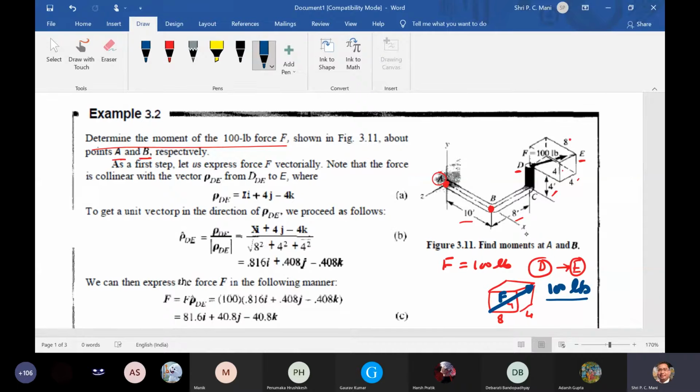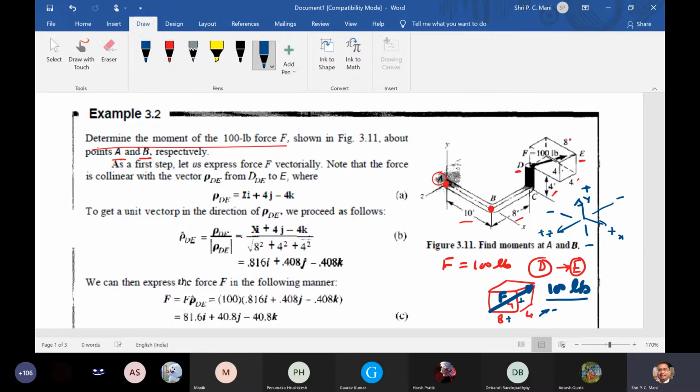For example, this one is the x direction; this is positive x, positive z and positive y. This side is minus, this side minus, and this side minus. So 8 is on the positive side, 4 on the positive side upward, and this 4 on the negative side.